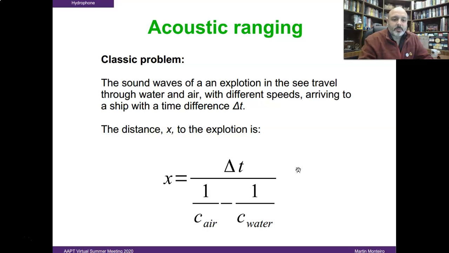Then the sound waves of the explosion travel through water and air with different speeds, arriving to the microphone and the hydrophone of a ship with a time difference delta t. So knowing the speed of sound in air and the speed of sound in water, we could obtain the distance of the explosion to the ship.